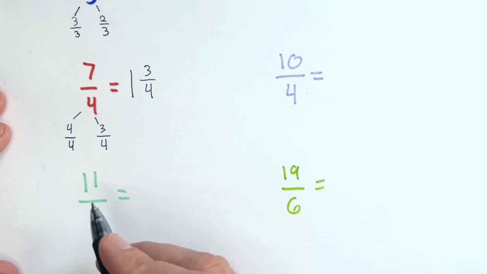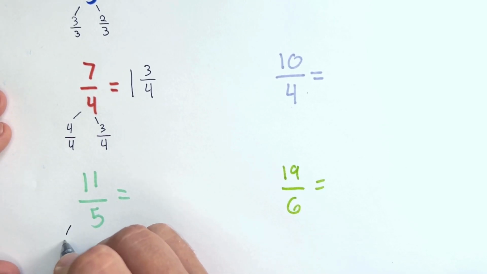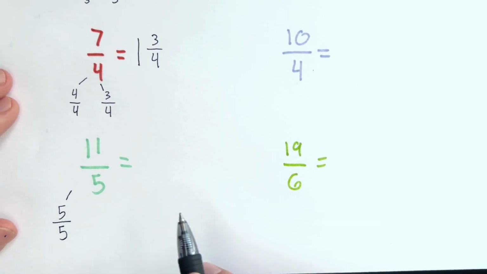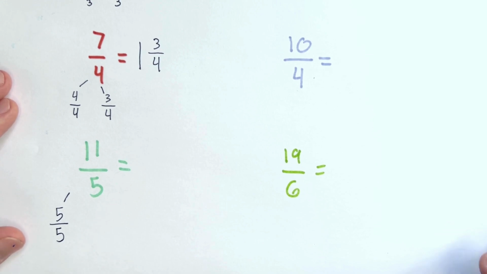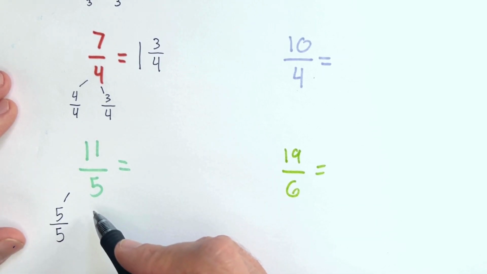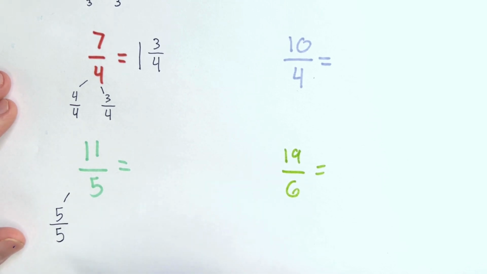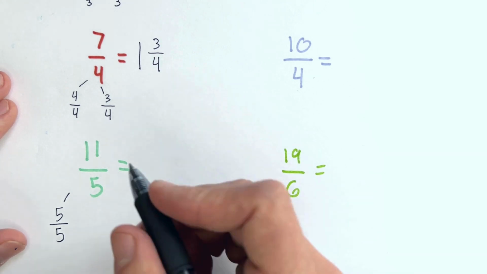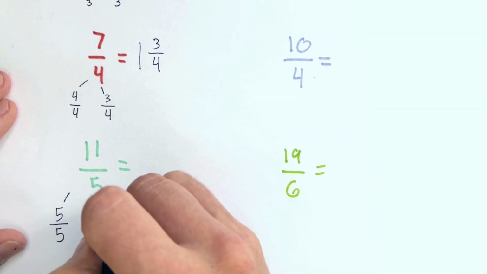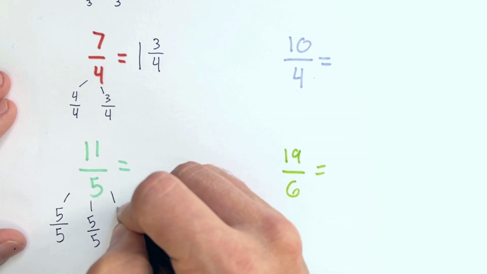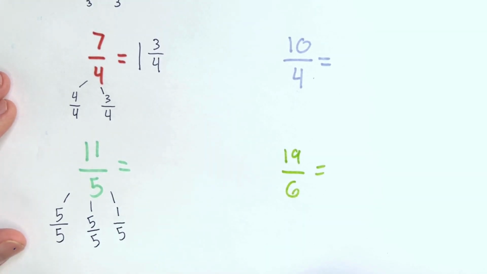If I have 11 fifths, I know I can take a group of 5 over 5 out. What else do I have left? 11 minus 5, my numerator will be 6. So I know I can take out another group of 5 over 5. 5 plus 5 equals 10. Then I know I can take a group of 1 fifth out.